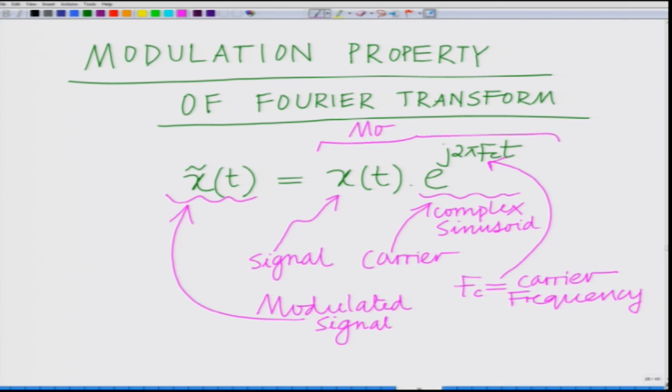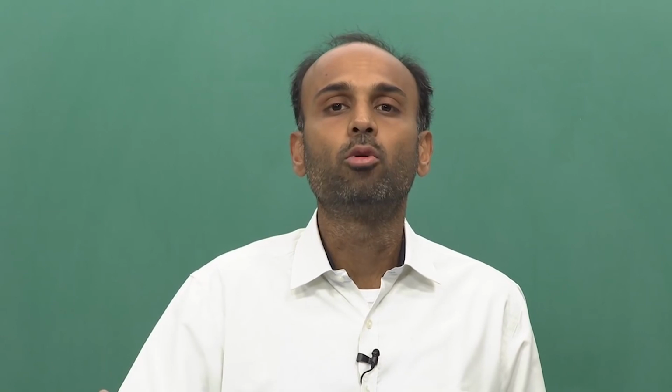This process is modulation. Now, in general, although here we are employing a complex sinusoid, in practice we employ a real signal, either a cosine or a sine. But in principle, this can be represented as x t multiplied by the complex sinusoid e raised to j 2 pi f c t, at the carrier frequency f c.